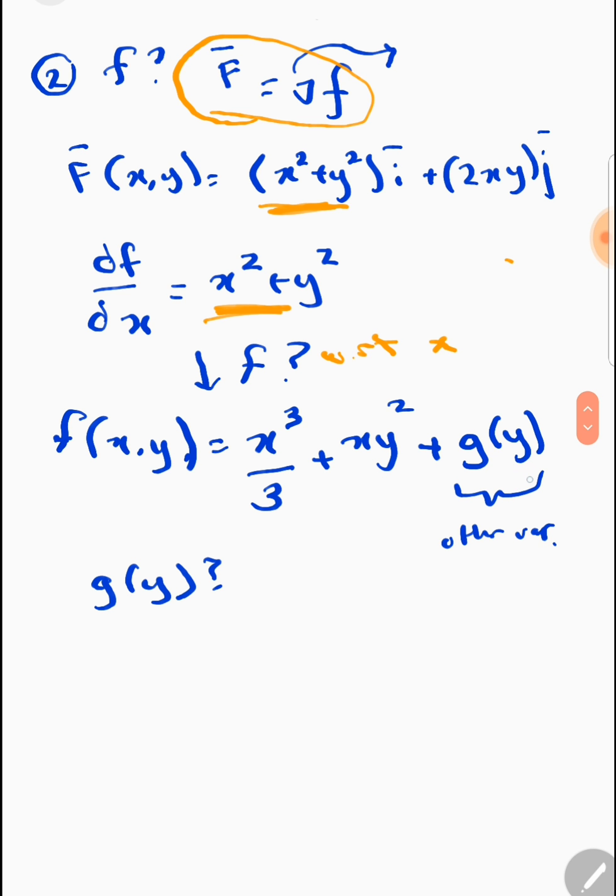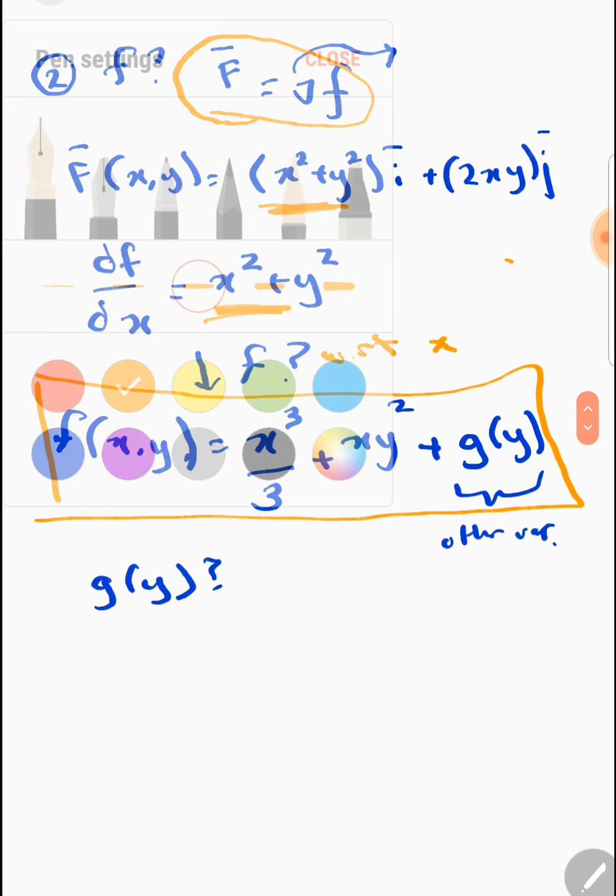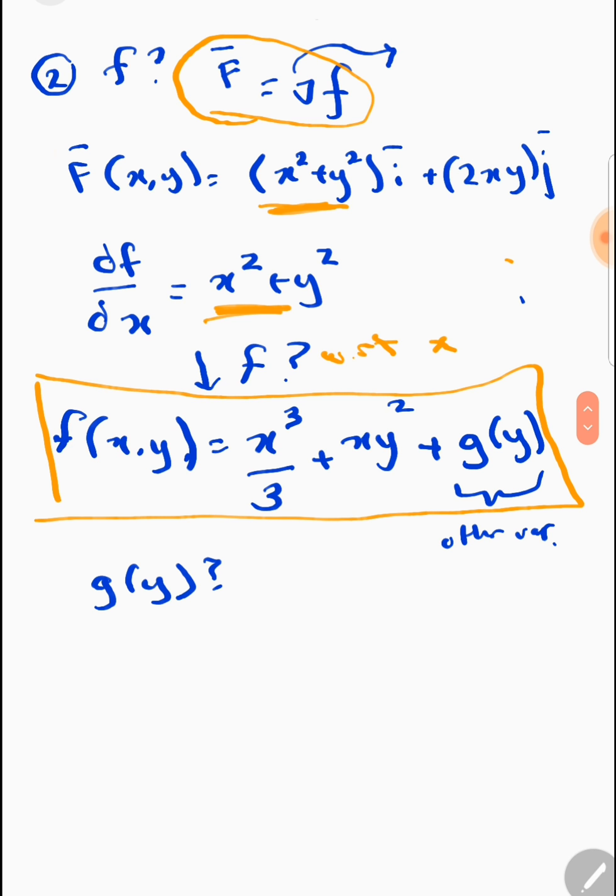Now comes the part where we are kind of semi-done, but at the same time, we still need to get what is the g(y). So what other resources can we use to get the g(y)? Alright, I get this as my f of x y. So we're playing around with the differentiation and the integration a little bit, yeah?